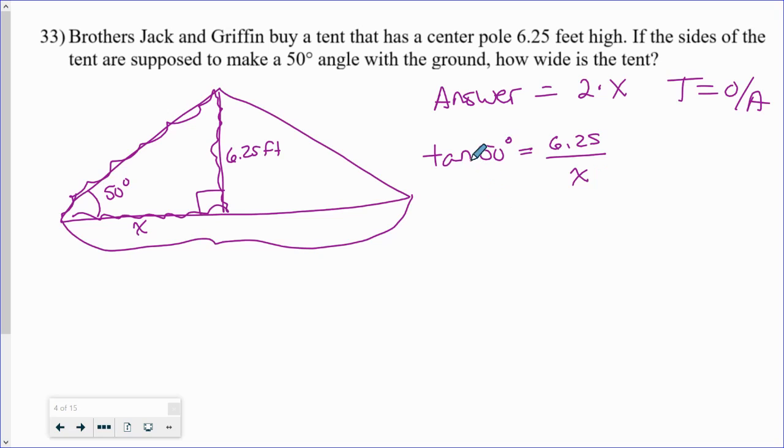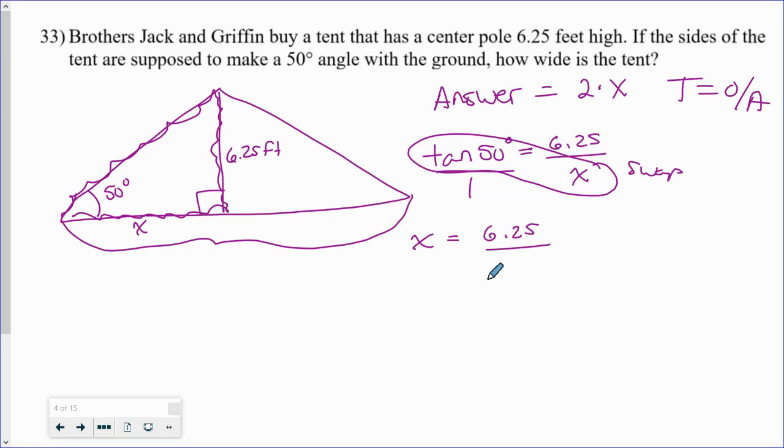Now, whenever you have x in the denominator or your variable in the denominator, you can swap on the diagonal, right? I can swap those two. So I end up with x is equal to 6.25 over the tangent of 50. And the reason you can do that is as long as your cross products stay the same, it's called the means extremes product theorem.